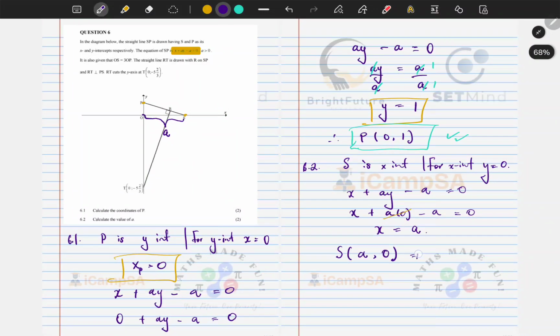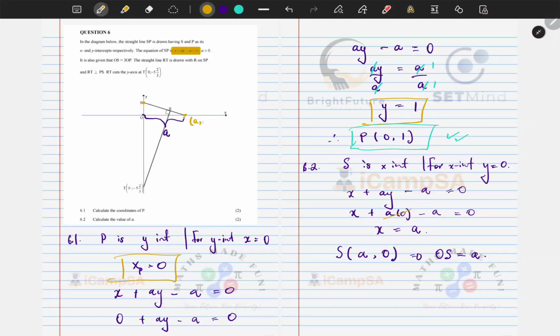So that means that your OS is going to be a, because the value of x at S is a.